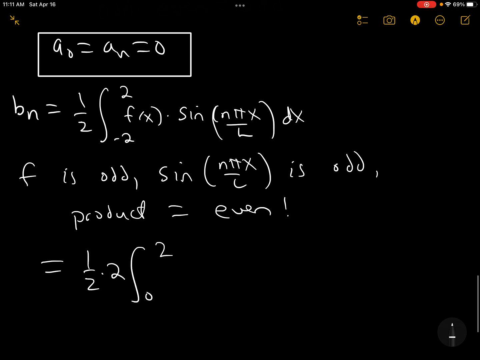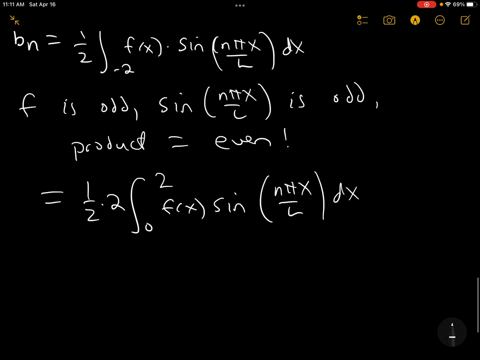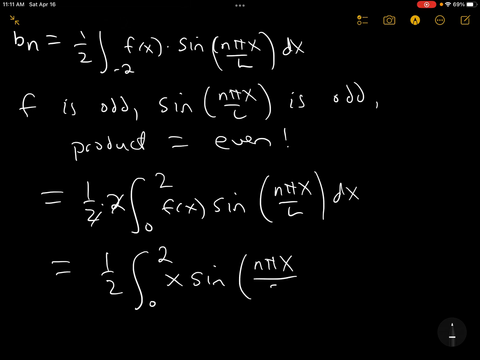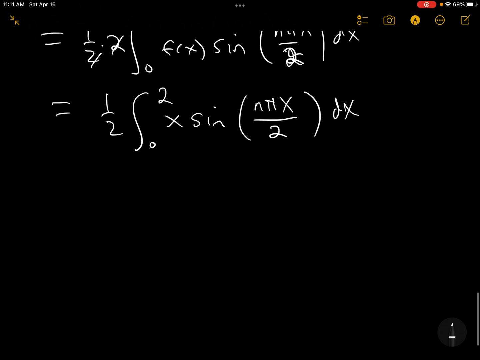So now we get 1/2 times 2, integral from 0 to 2 of f of x sine n pi x over L dx. These two cancel and we get 1/2 integral from 0 to 2 of x sine n pi x over 2 dx.